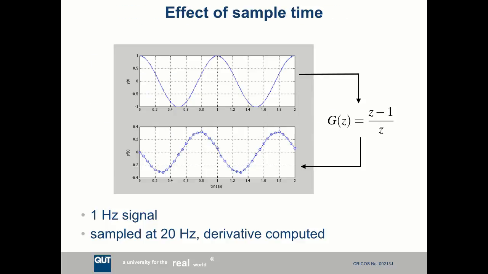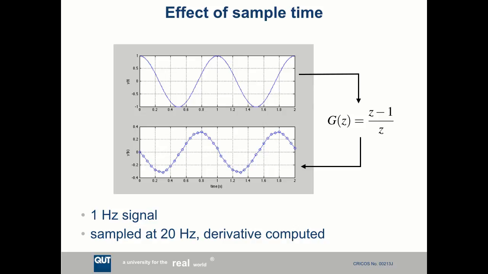So let's say I have a cosine wave at the top, continuous time cosine wave, and I want to compute its derivative, right? So I compute its derivative using that transfer function there, and I get the sampled sine wave at the bottom. So everyone can see what I've done there?